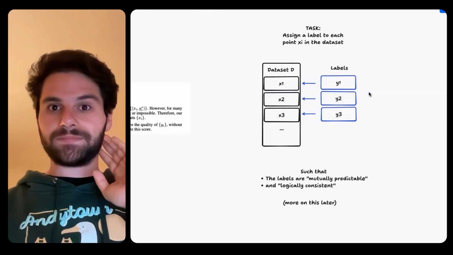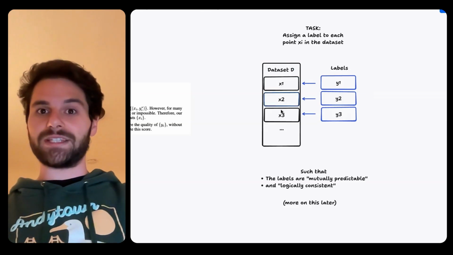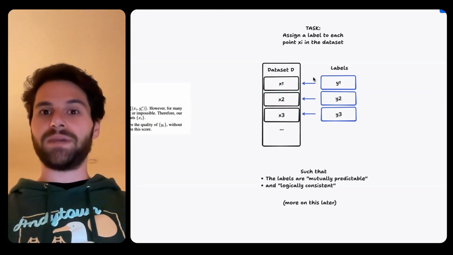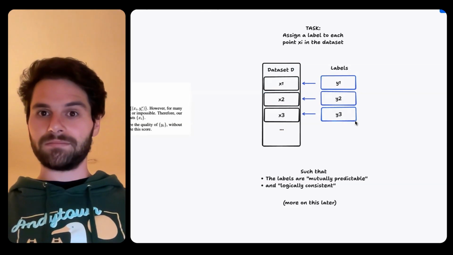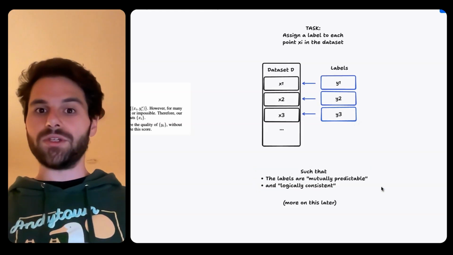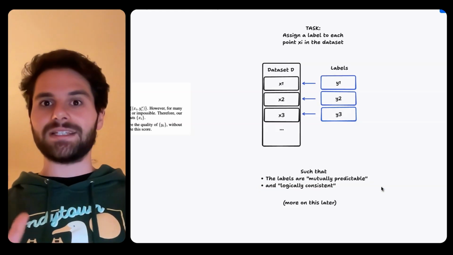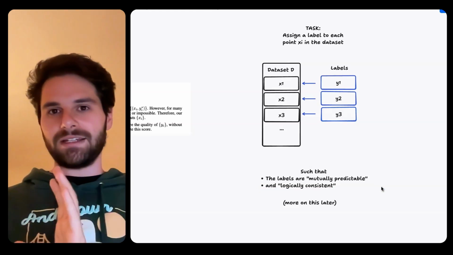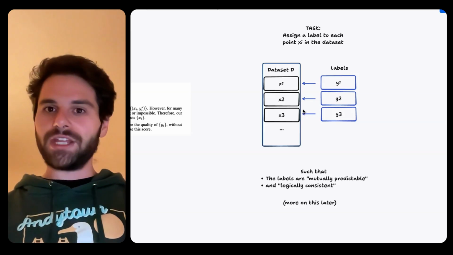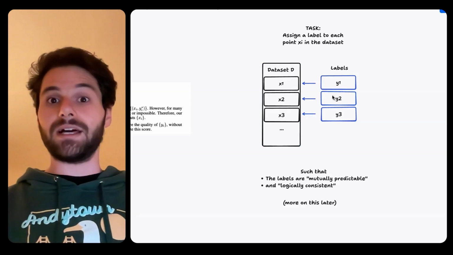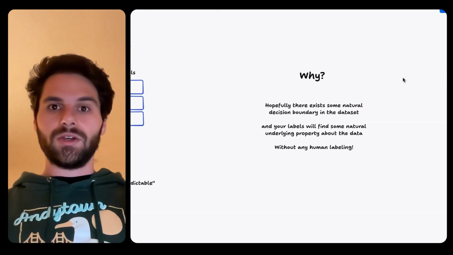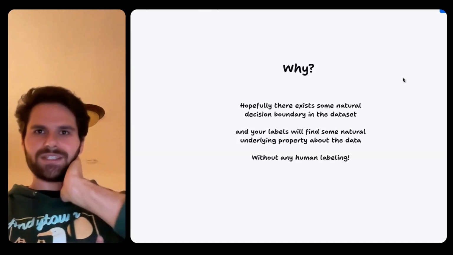Here's how I describe it. You have a dataset, which has a set of points, and you're trying to pick a label for each of those points such that the labels are mutually predictable and logically consistent. I'll define that later, but right now, for each point in the dataset, we are going to assign it a label. And why would we want to do this?